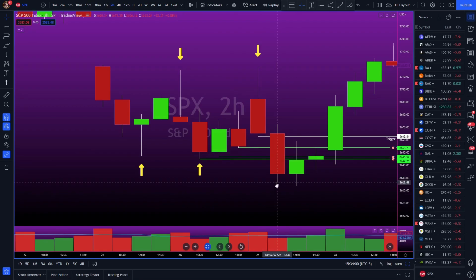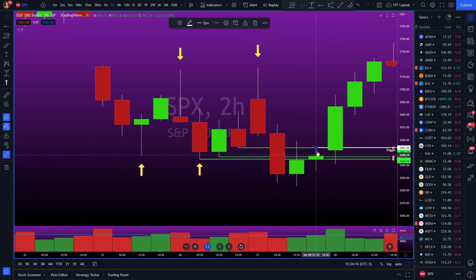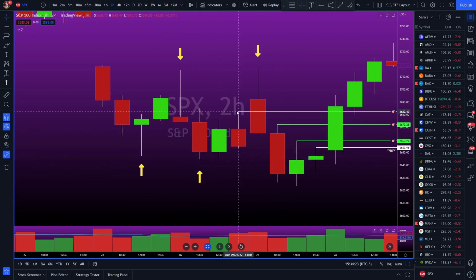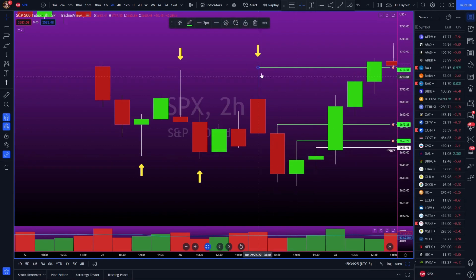Then you can flip and go long again. You have an inside bar again at the bottom of price exhaustion. Target 1, target 2, target 3. So anybody, again, smart money, we are getting out at the top.